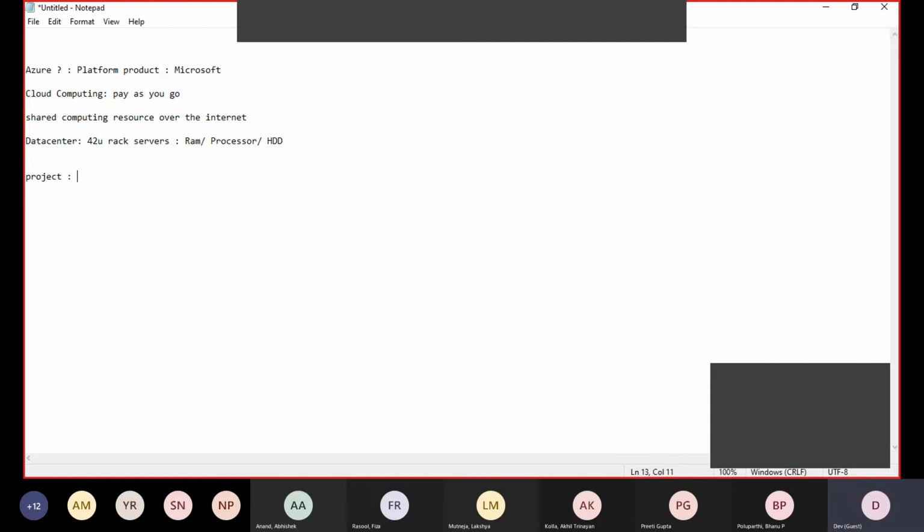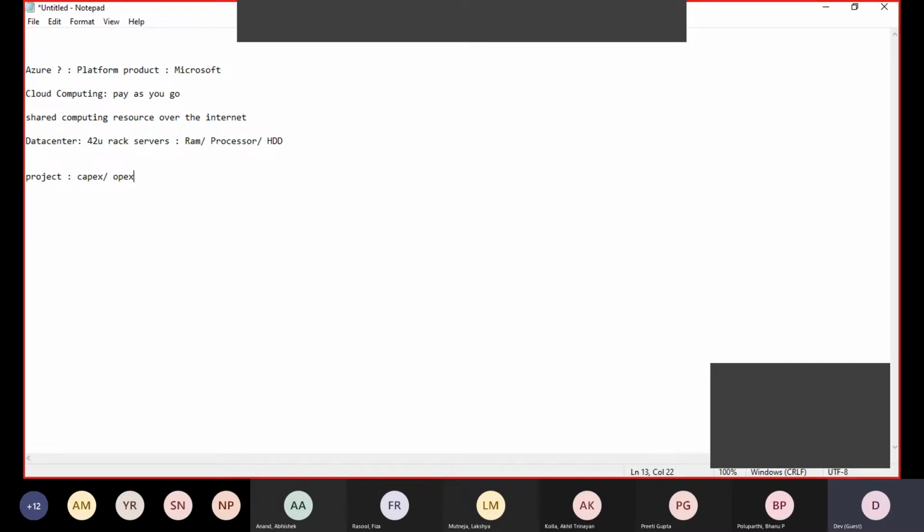Whenever the organization is going for a project, there are two types of costs involved. One is related to infra, servers, or the cost of machines, which is called capex. The second one is opex. These are the two costs that come up whenever the organization is planning any kind of project.